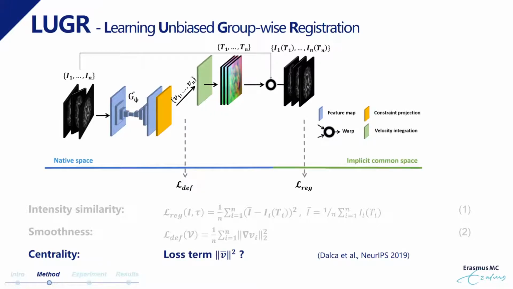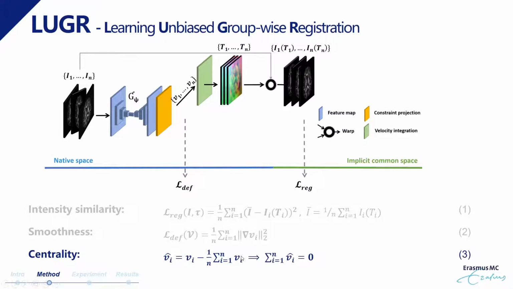A straightforward solution is to include a loss term to minimize the average velocity field, similar to the strategy used in the literature for atlas construction. But this strategy, on the other hand, will introduce an additional hyperparameter to optimize, and the constraint of centrality may not always be satisfied.